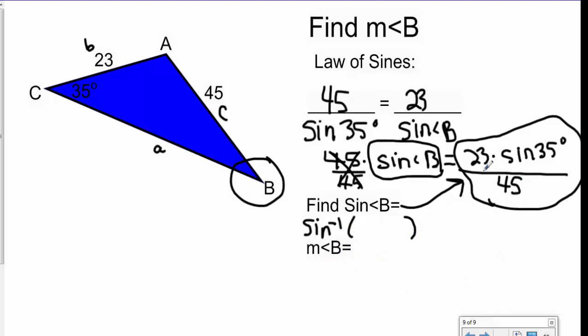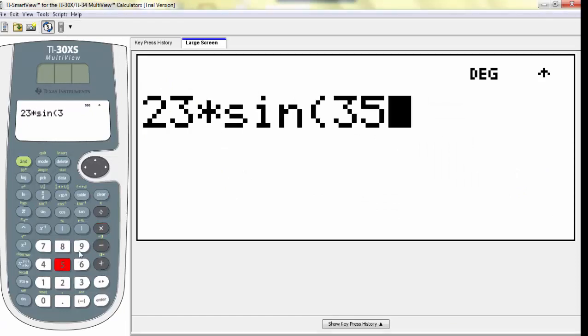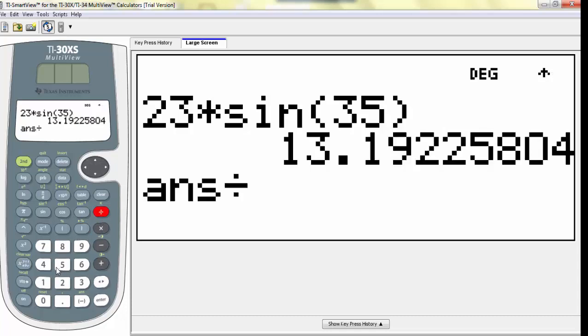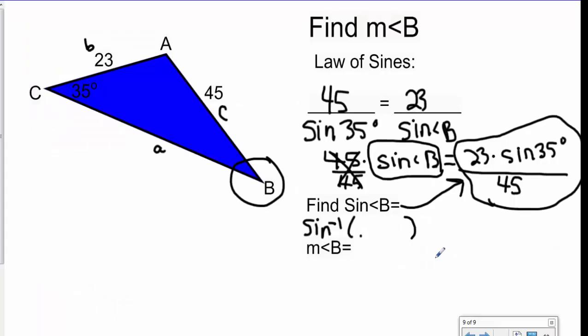My first task is to put this in the calculator, 23 times sine of 35 divided by 45. That gives .2932. I'll round it to 4 places.